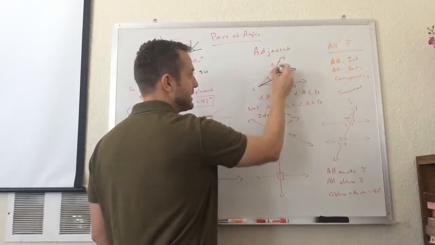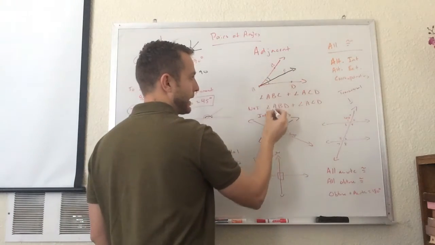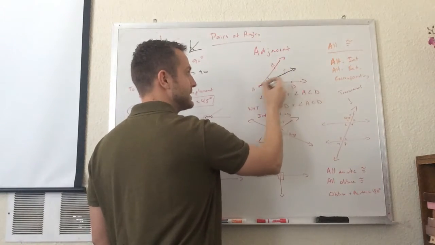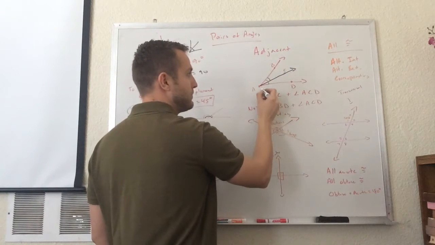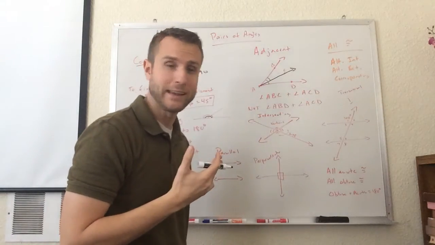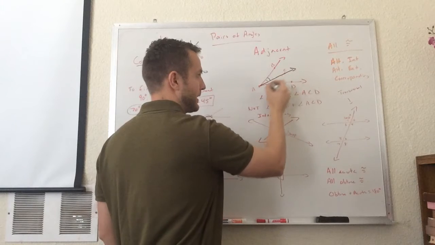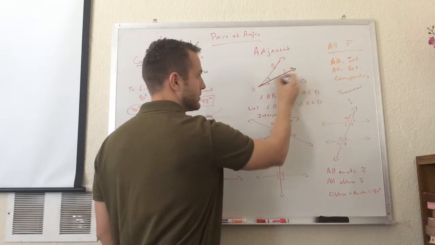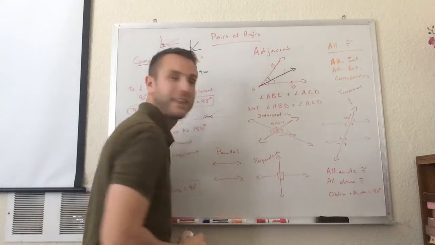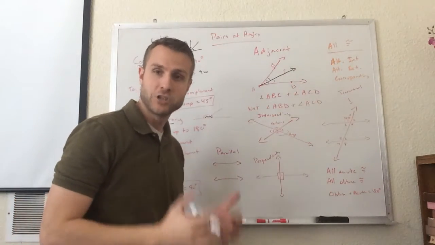Notice angle ABD, which is the big angle, and angle ACD, which is the smaller angle. They both share ray AD. They both have this ray in them, right? So this angle and this big angle both have the bottom ray, but they are not adjacent.